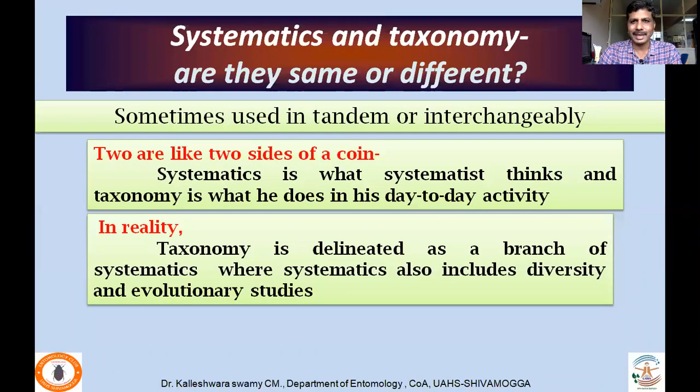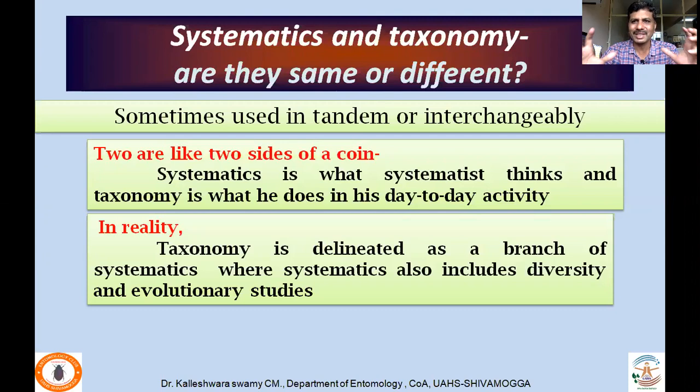So systematics and taxonomy, are they same or different? Because these two terminologies are used in tandem or interchangeably many times. In fact, these two terminologies are like two sides of a coin. Systematics is what systematists think, and taxonomy is what he does in his day-to-day activity.